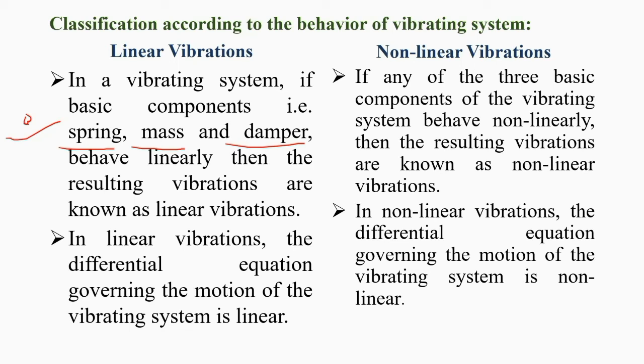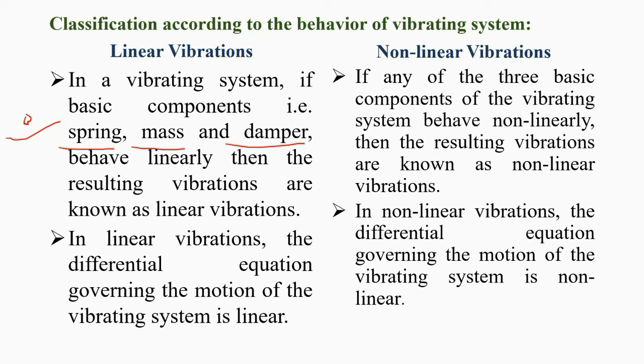In a simple spring, mass and damper system, the force related to spring, that is Fs, is equal to K into delta. It means the spring force is directly proportional to the displacement of the system. So its behavior is linear. It is linearly proportional to the deflection. Same way, the force due to the mass, that is the accelerating force, or the inertia force we considered in D'Alembert's principle, has magnitude m into a, mass into acceleration.